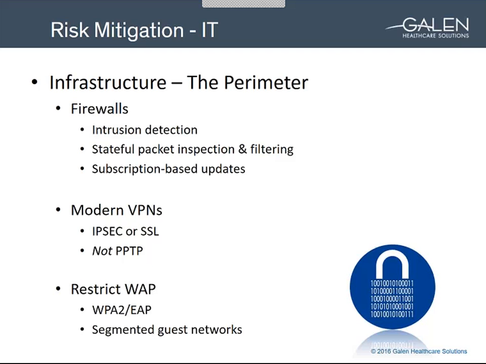But another great way to do it is make sure you're segmenting your guest networks, and I'll talk a little bit about network segmentation generally in a minute, but having a dedicated guest network for any person visiting your organization who's not an employee or signed to a BAA or what have you is a must-have. Every single place where that might happen, you should have a guest network.